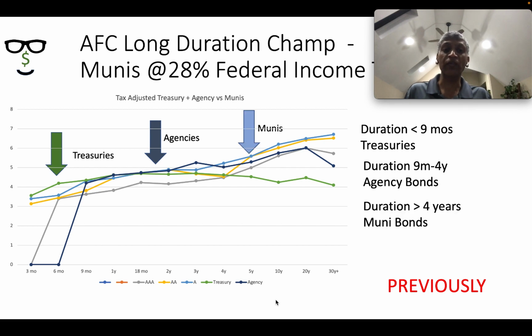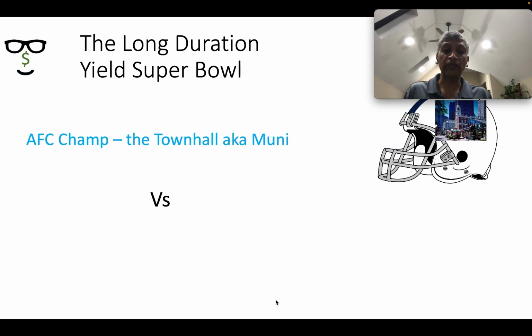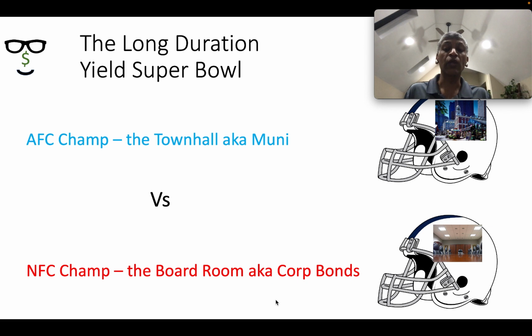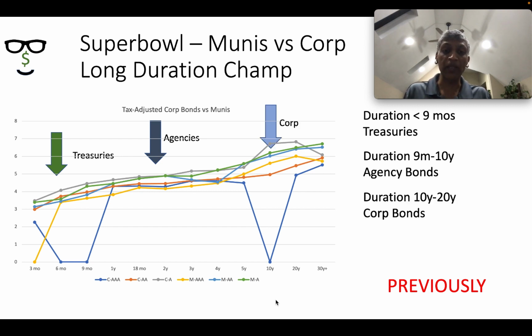And the answer was that when you compared munis in the long duration with corporates in the long duration, treasuries and agencies still kept their place, but corporates beat munis in the 10-year mark.